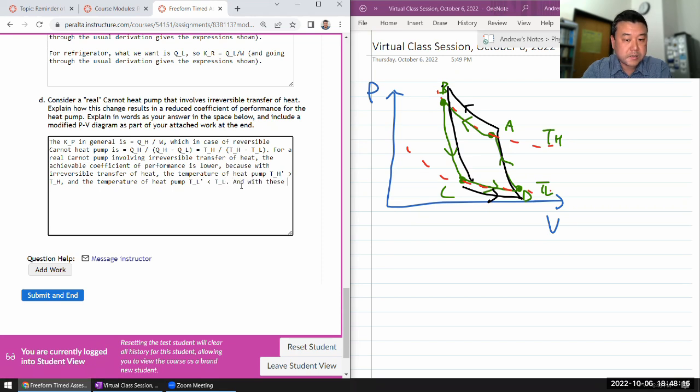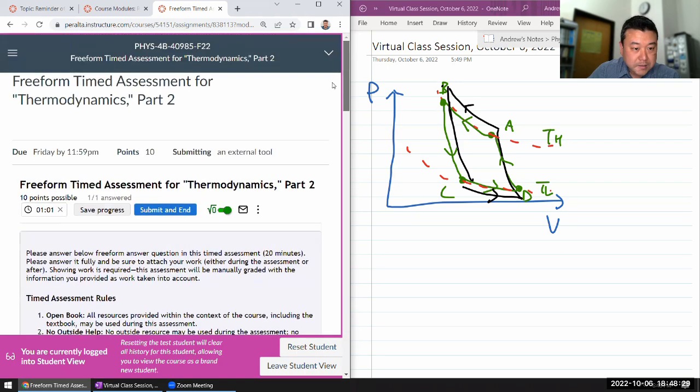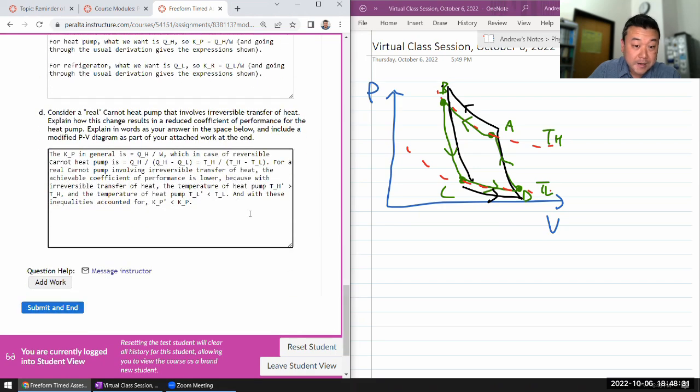And with these inequalities accounted for, the real coefficient of performance is less than the ideal coefficient of performance. I skipped some steps because I have 1 minute left. Let's give it a try.